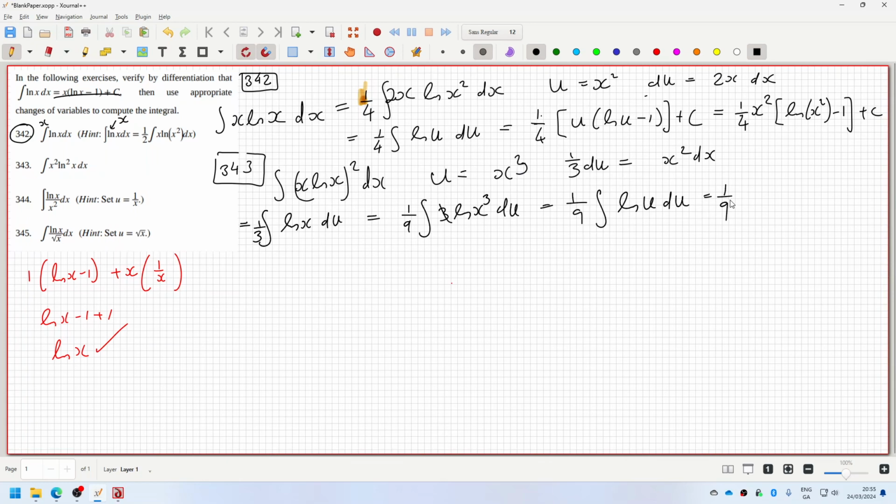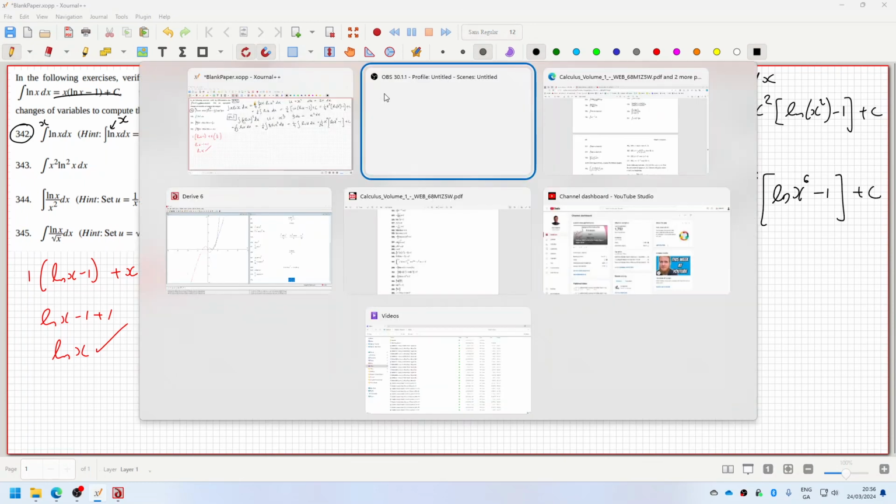So it'd be 1/9 times 1/4, I hope. 1/36 x power 6 log x power 6 minus 1 plus c. I hope that's right.